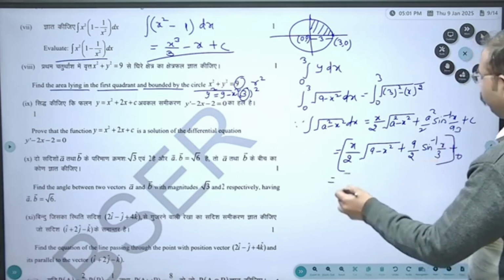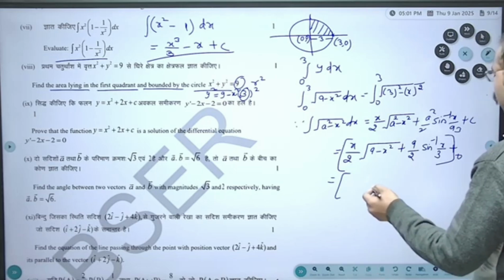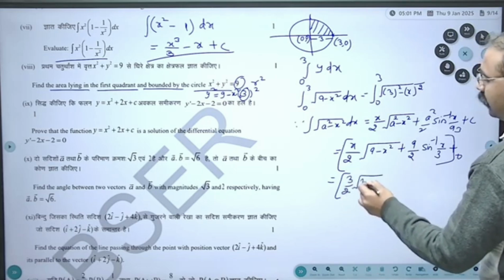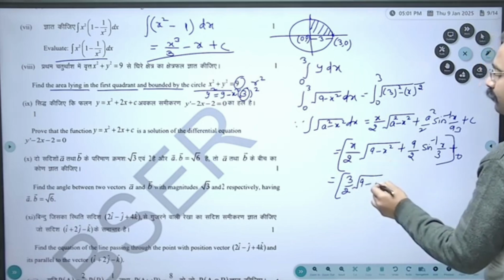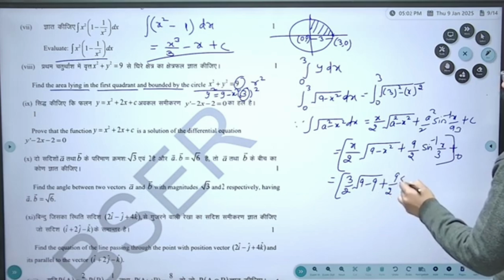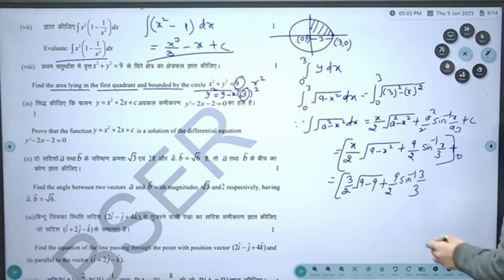Upper limit: 3 by 2 root 9 minus 3 squared, plus 9 by 2 sine inverse 3 upon 3.